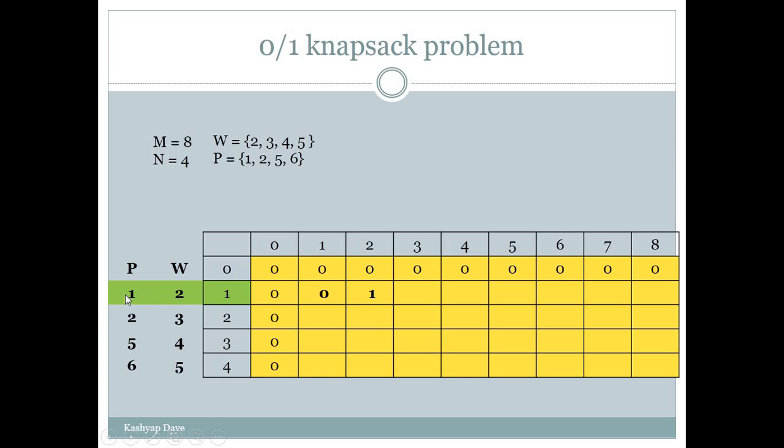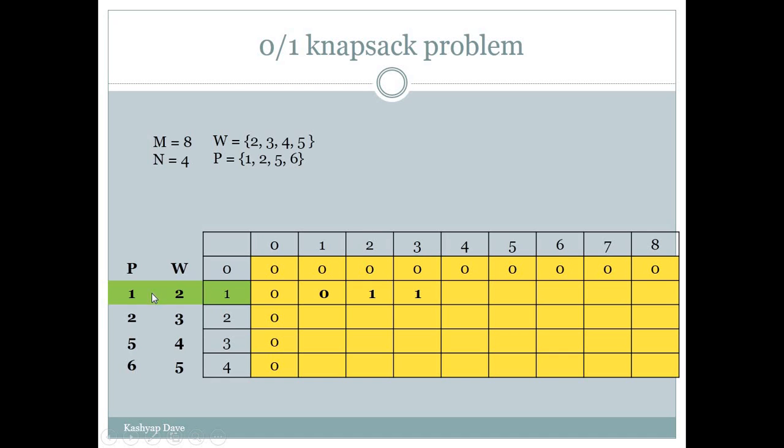Okay, now let's find out for 3. If we select only this first item, then the maximum weight we have is 2. So if we carry this one item only, then our maximum weight will be 2 and our profit will be 1. Our capacity is 3, but we do not have any item that has weight of 3.